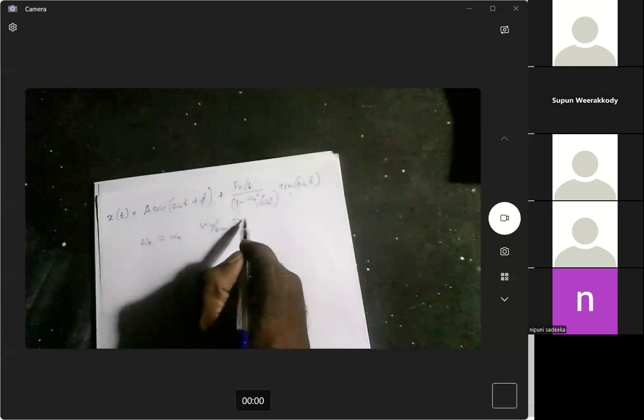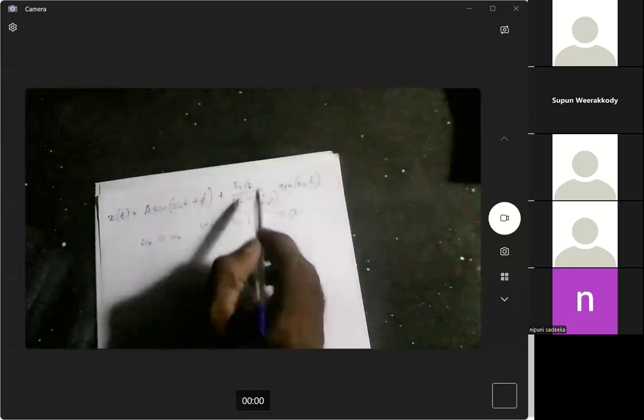They are close to 1, yes. Then what happened to this? This second part goes very near to 0. Right? If that is going to be near 0, what happened to this whole term?